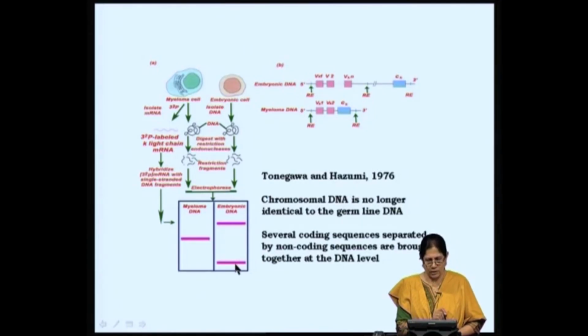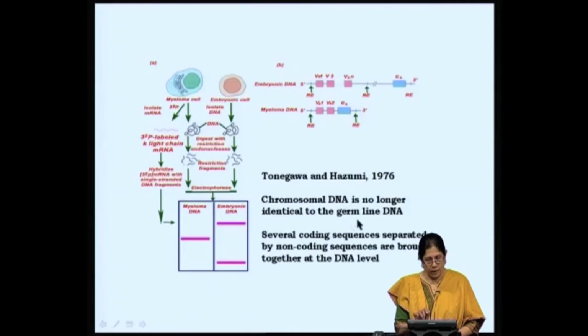What did this suggest? Very easily one can say that the DNA corresponding to the kappa light chain is not identical when you compare the myeloma cell, the end stage cell, with the embryonic. So, there has been a change in the DNA itself when the myeloma cell is established.